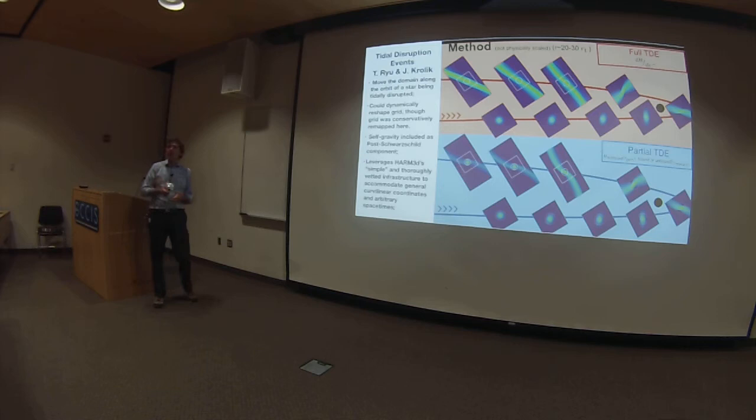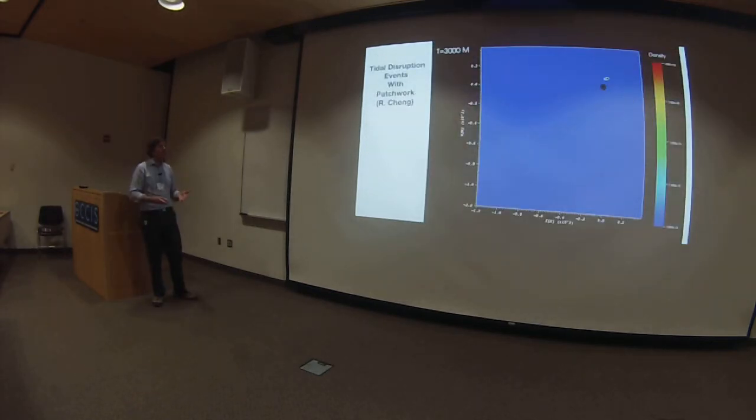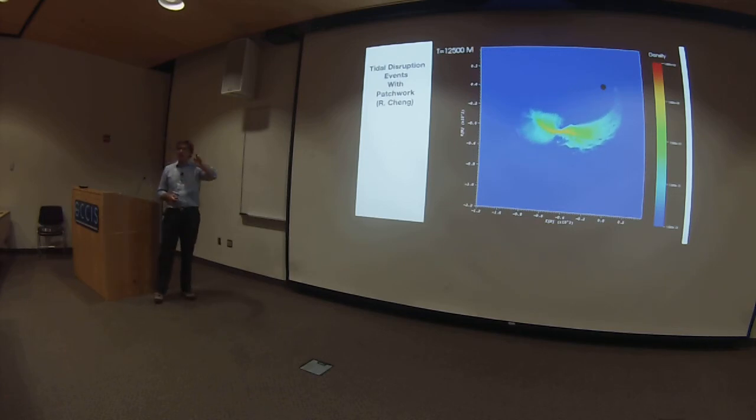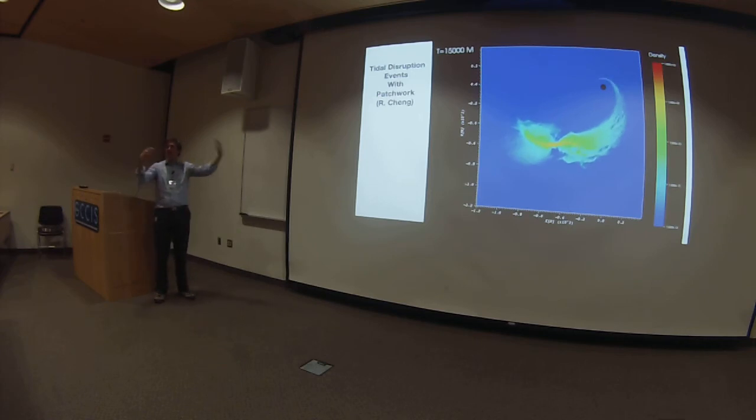This is work that Taeho Ryu and Julian Krolik are doing at Johns Hopkins. And the idea, this is a movie Rosanna Chang did a few years ago, is to eventually put that patch inside of a larger patch using this patchwork code, and then see how that tidally disrupted debris forms an accretion disk.